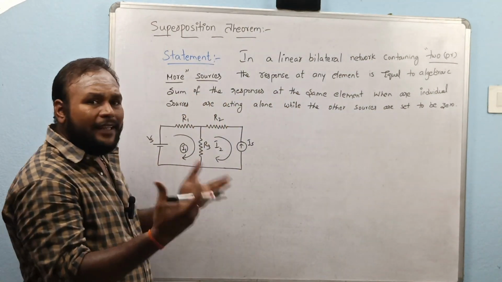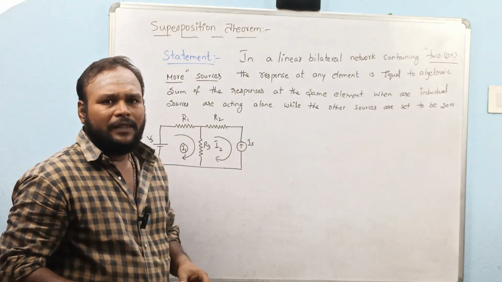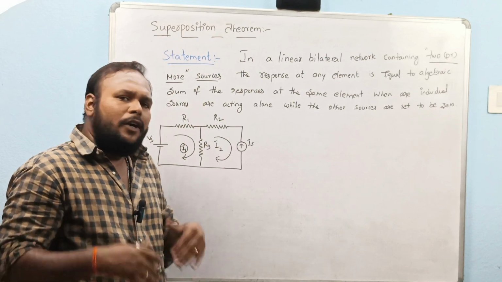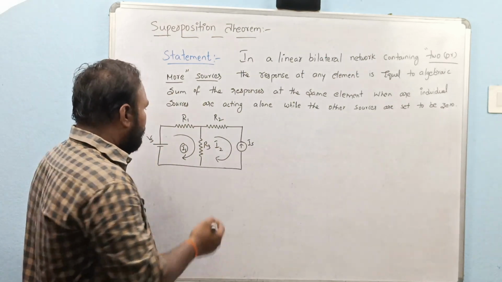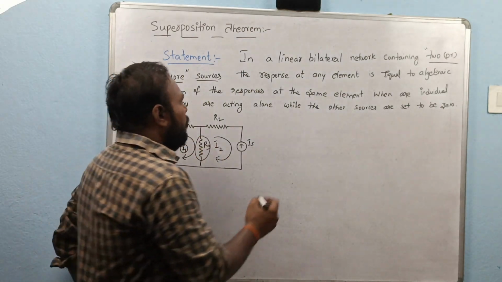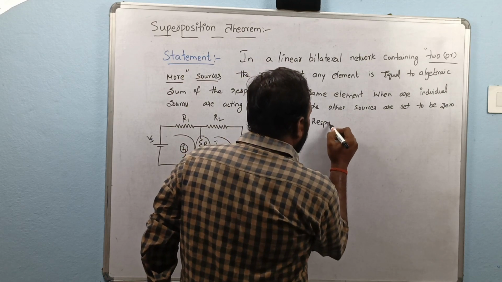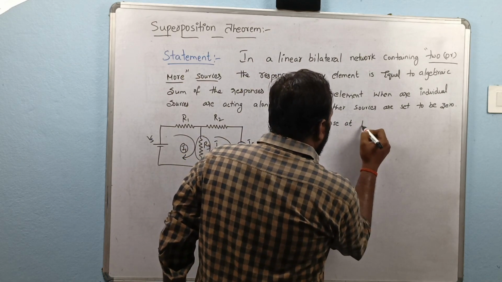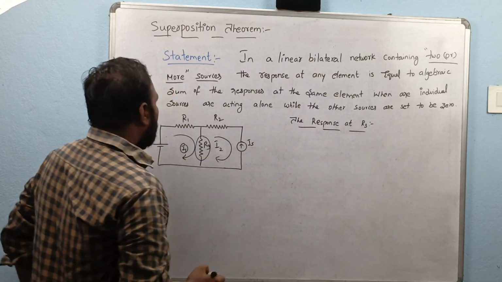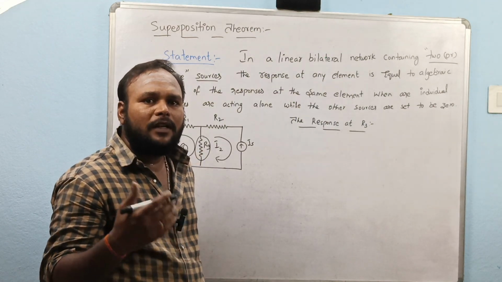You can take any element, R1, R2, R3, or a particular element. Suppose I am taking the element R3. So what is the response at R3?